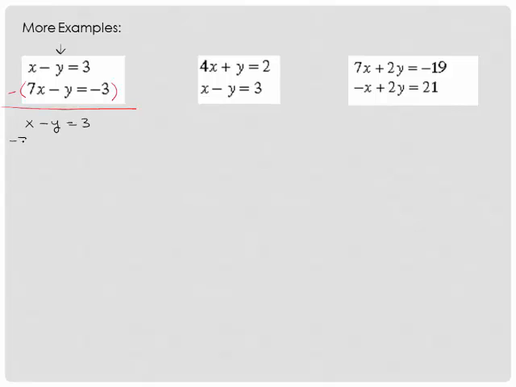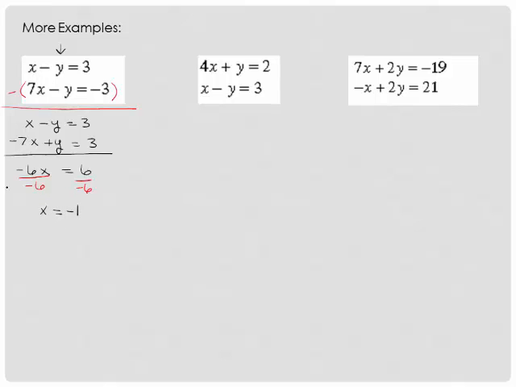Distributing that negative gives me -7x, positive y, and positive 3. So x minus 7x is -6x. The y's will cancel, and that gives me a 6. Divide both sides by -6, and I get that x is equal to -1.